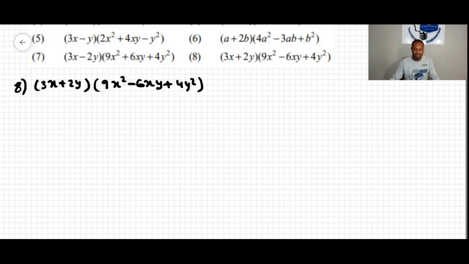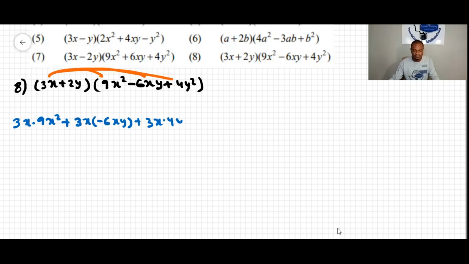Now we are going to do 3x with each term in the other bracket. And then this will be 3x times 9x squared, and then plus 3x times negative 6xy, and then 3x times 4y squared. Now I'm done with the 3x.